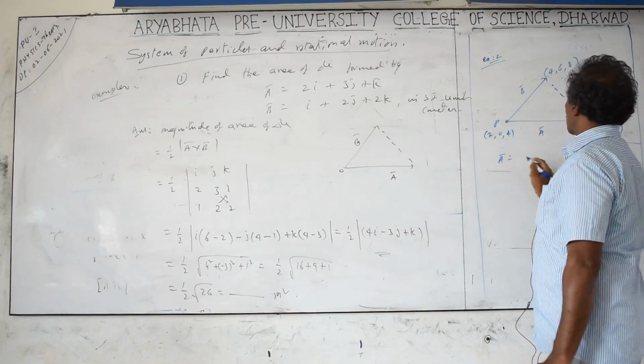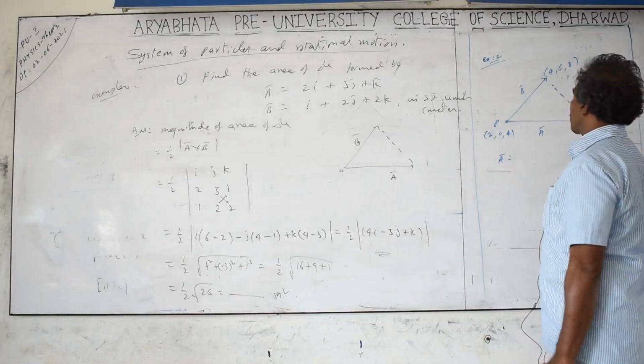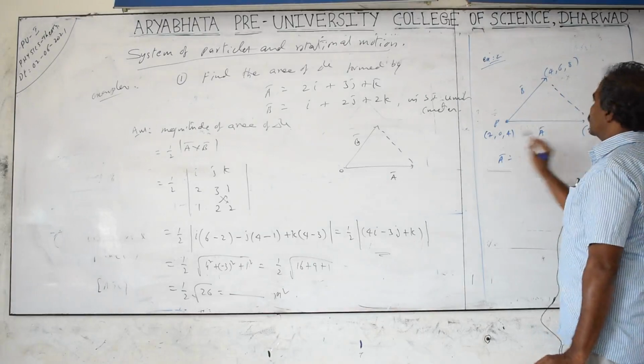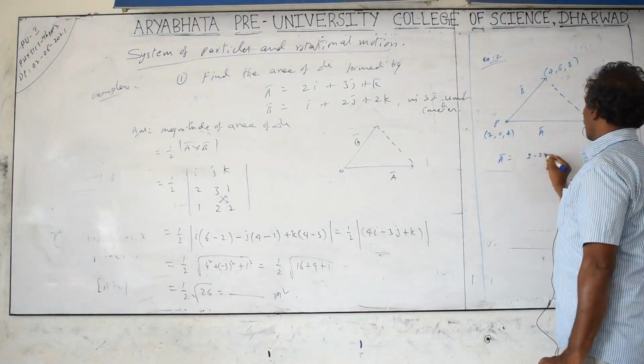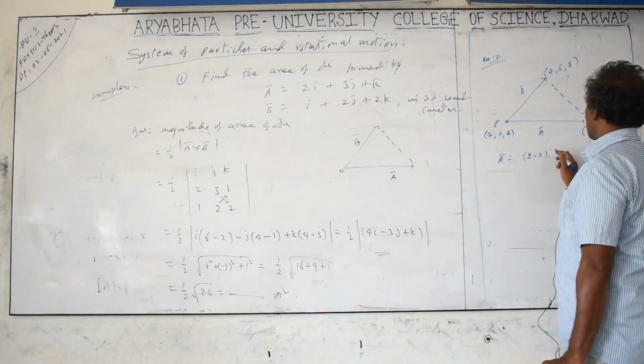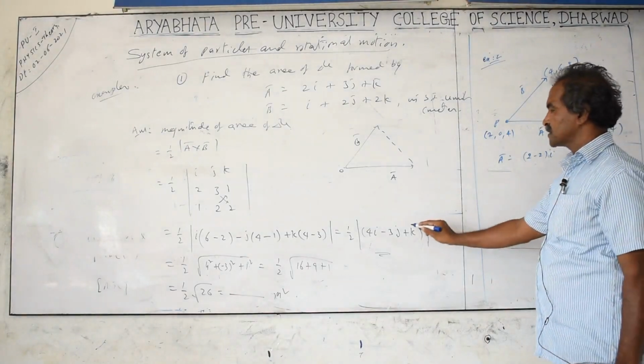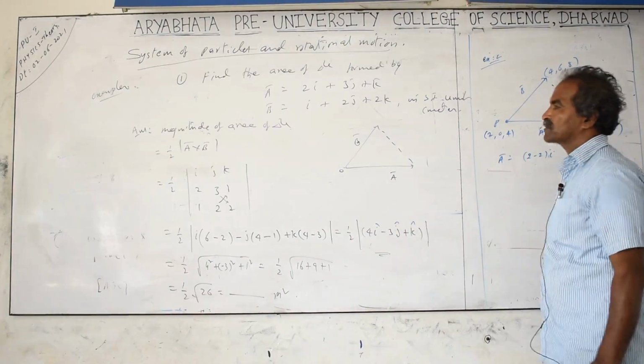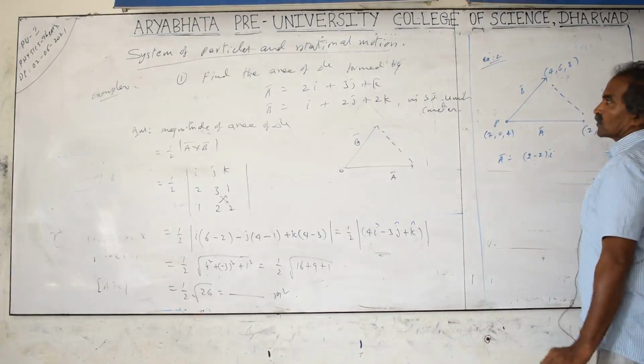A bar becomes equal to final minus initial, you have to take. That is nothing but equal to 2 minus 2 of i. I didn't put the caps for i, j, k. It's just not compulsory for these problems, but you have to be careful.